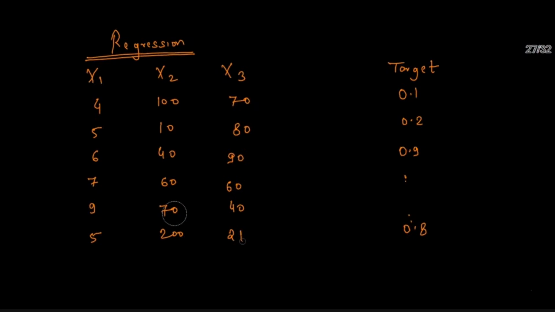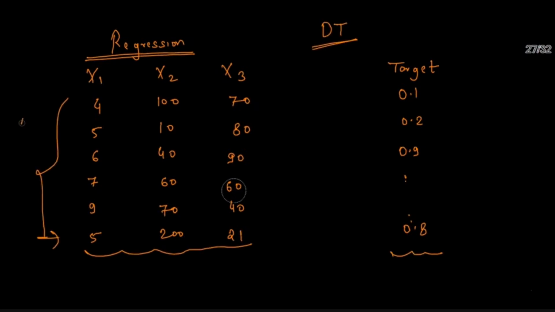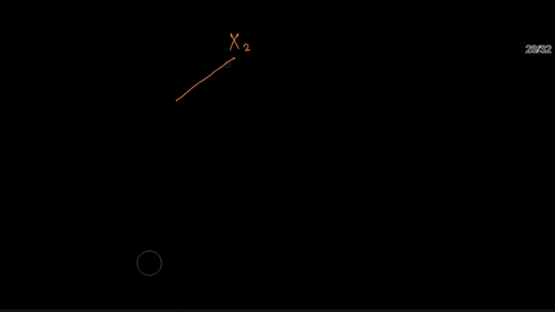This x1 actually ranges between 4 to 10, and this actually ranges between definitely 1 to 500 something. Column x2, let's say I have to split this column x2 which has a range of 1 to 100.